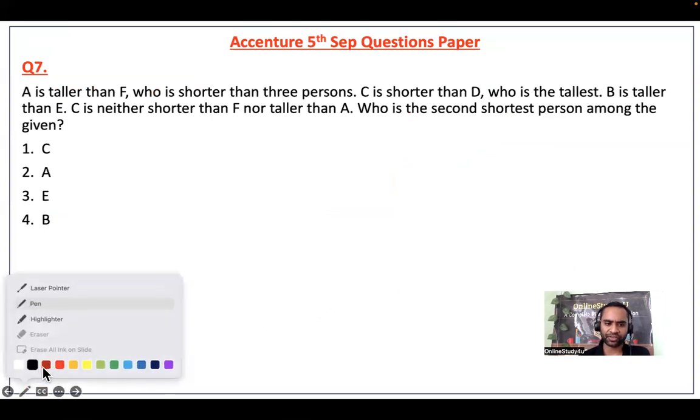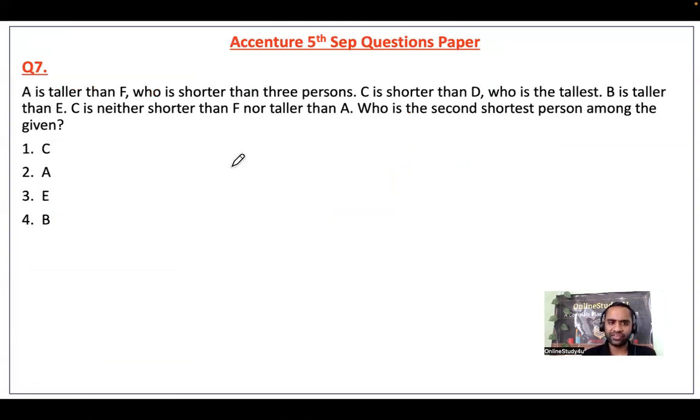Now this kind of question is more asked in the exam. A is taller than F, who is shorter than C. So F is shorter than C. This is my first point, right?